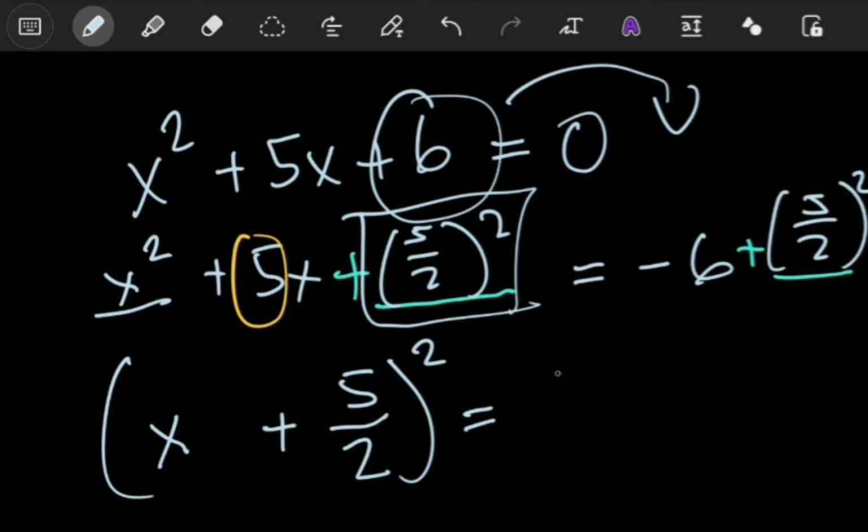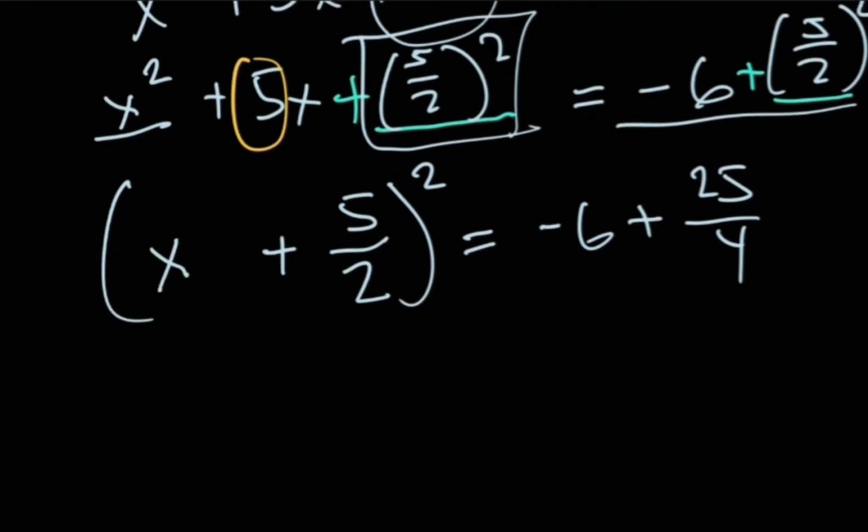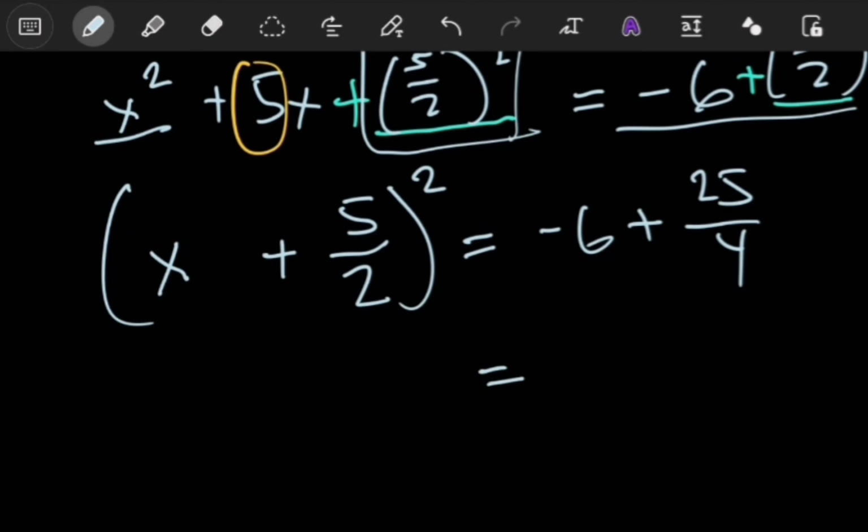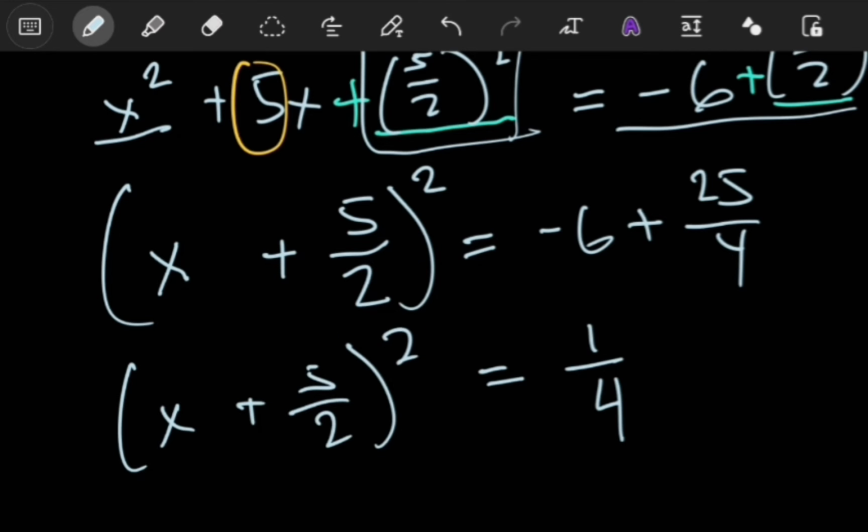Now, on this side, we can directly evaluate that: -6 plus 25/4. If you simplify, you get 1/4. Anyways, we can proceed. So copy, and then we can square root both sides.